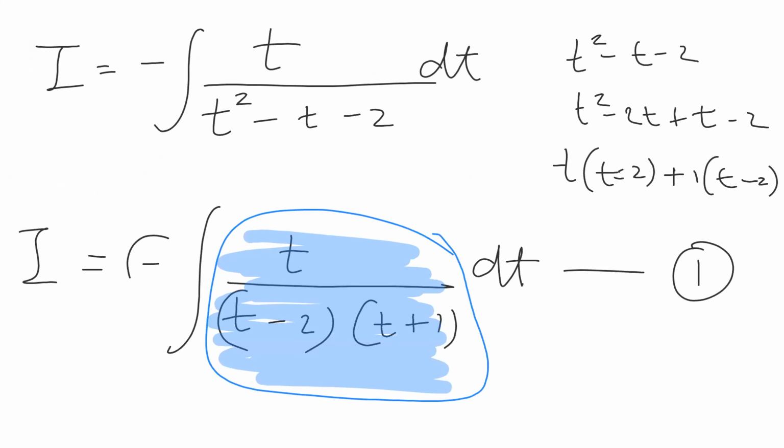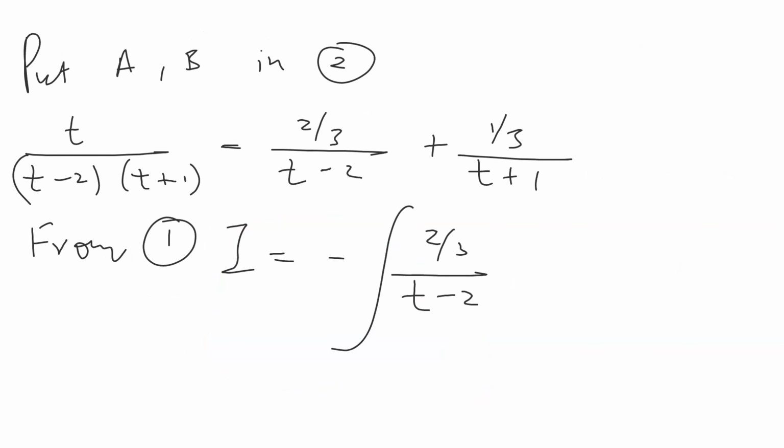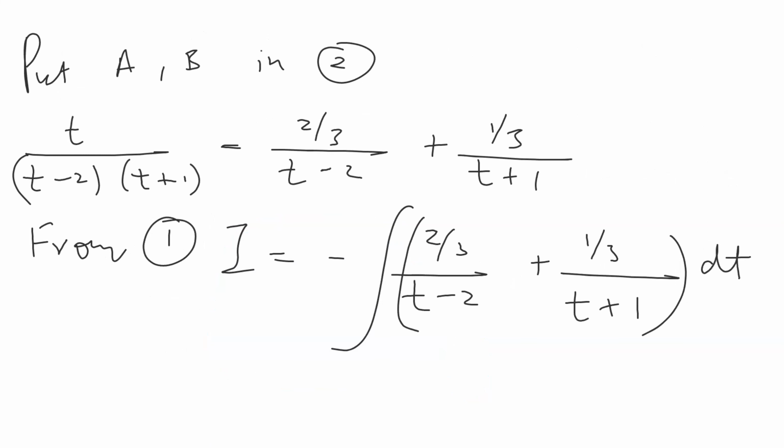See, and replace t upon t minus 2 into t plus 1 with 2 by 3 into 1 upon t minus 2 plus 1 by 3 into 1 upon t plus 1 dt. We are integrating with respect to t because I have taken the method of substitution.